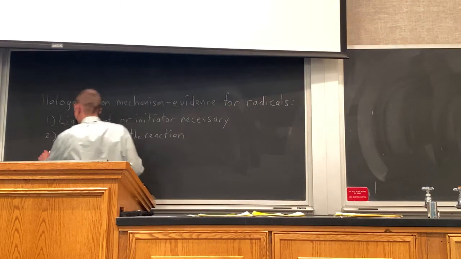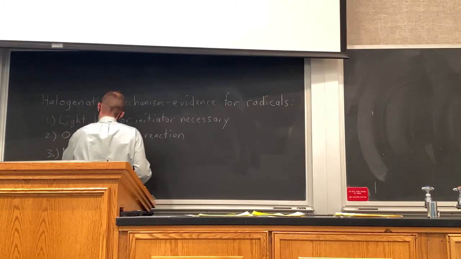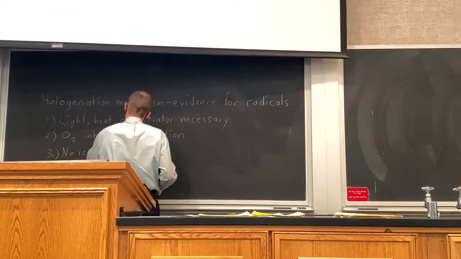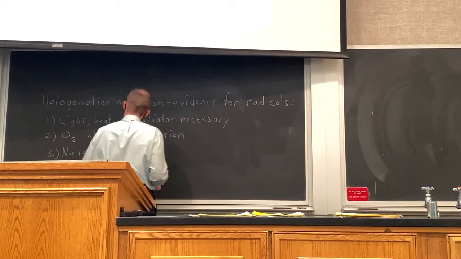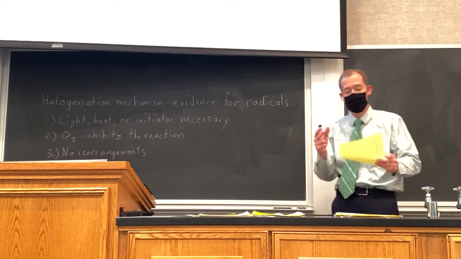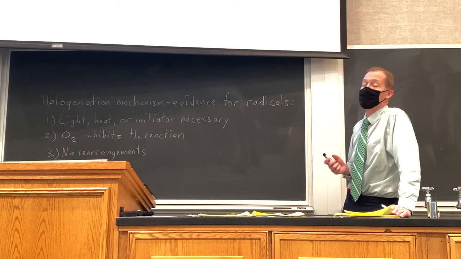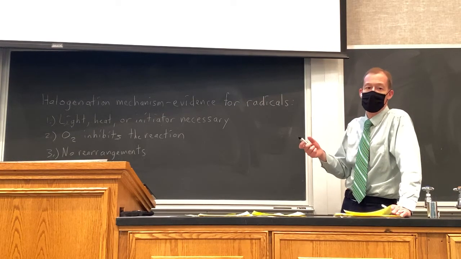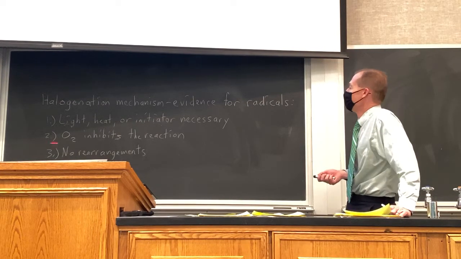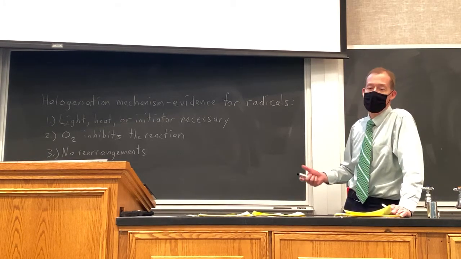And then the third point is that we do not see rearrangements. So we have the same carbon skeleton in our alkyl halide products of a halogenation that we had in the alkane starting material. We haven't rearranged the skeleton, we've just replaced an individual hydrogen atom with a halogen. So no rearrangements is evidence against carbocation intermediates.